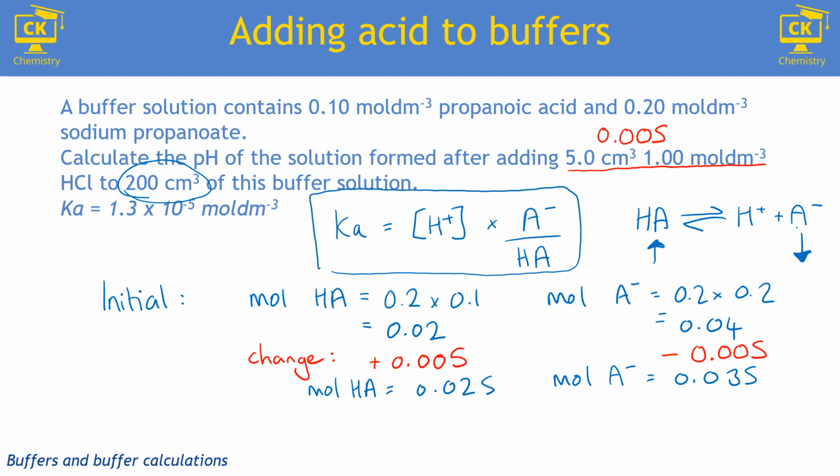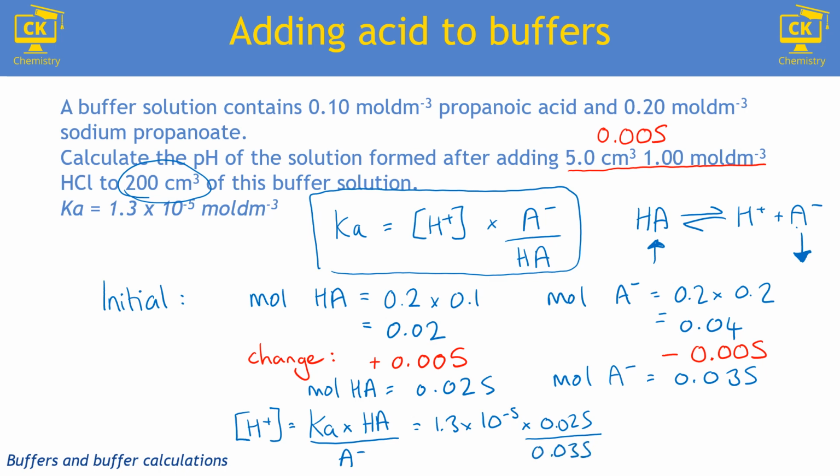Now I've got values that I can put into my Ka equation. Let's just rearrange it because I'm going to run out of space. So H+ is Ka times HA over A-. These are all in moles. Ka is 1.3 times 10 to the minus 5, times 0.025 divided by 0.035.